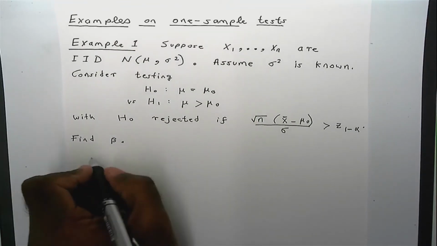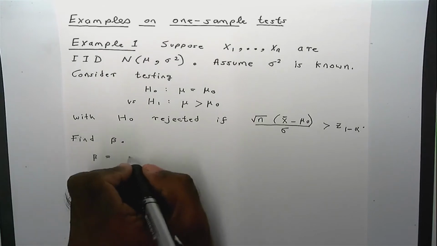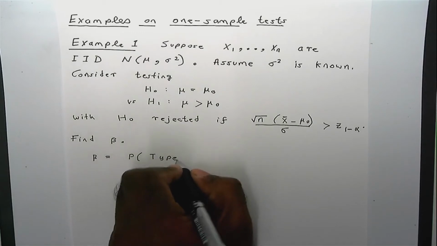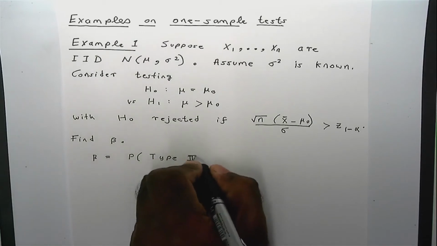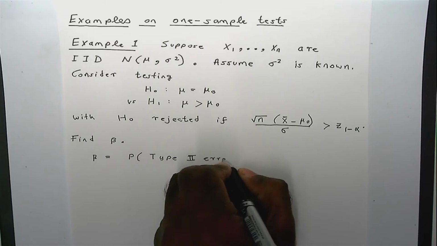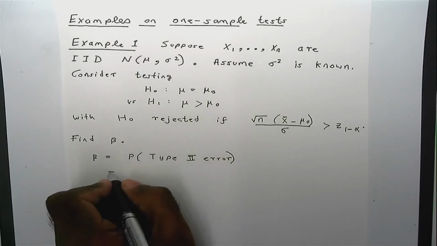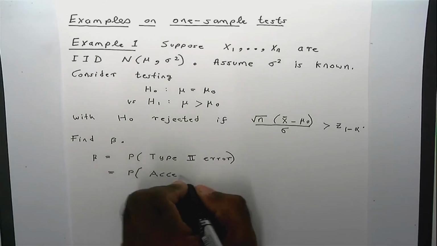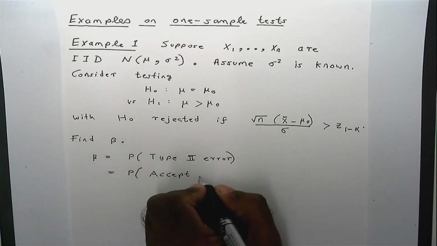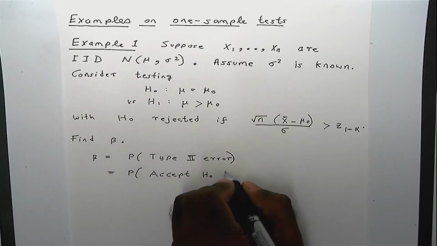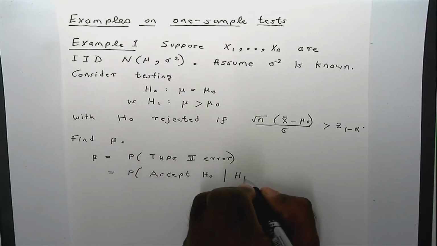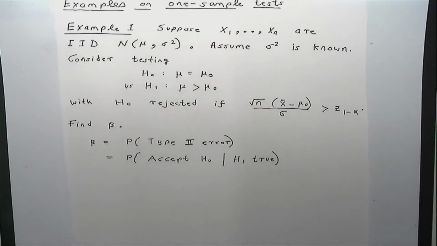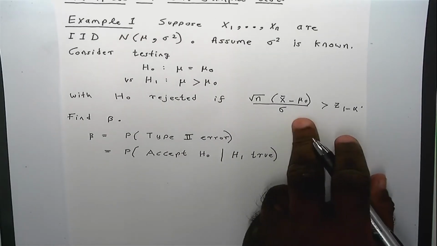Okay, so beta by definition is the probability of type 2 error, which is defined as the probability that we accept H0 given that H1 is true. Now in this case, this is the rule for rejecting the null hypothesis.